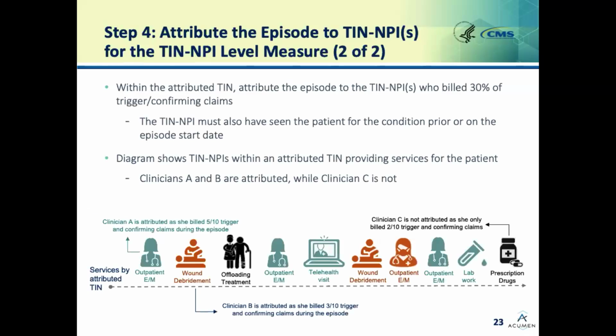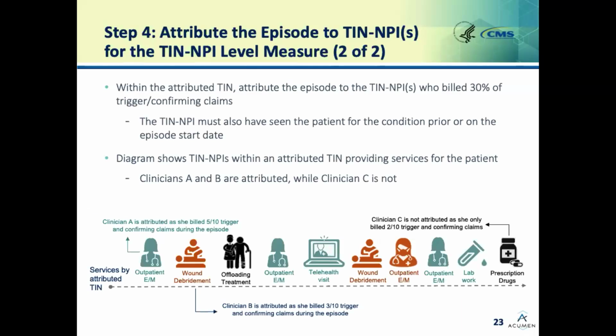For clinicians that participate as individuals, there is a TIN and PI level measure. And so within a TIN that's attributed the measure, an episode is attributed to any TIN and PI or individual clinician that billed 30% of the trigger and confirming claims. And that's basically to ensure that the attributed clinicians are actually involved in the patient's care.